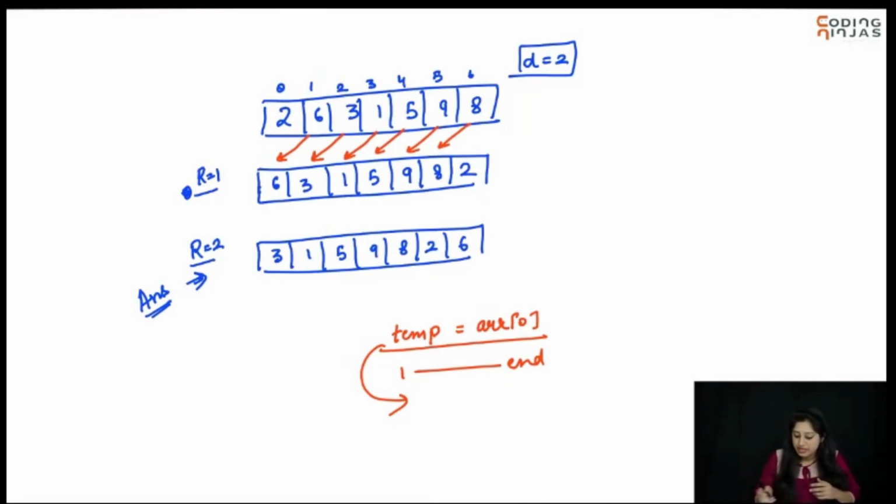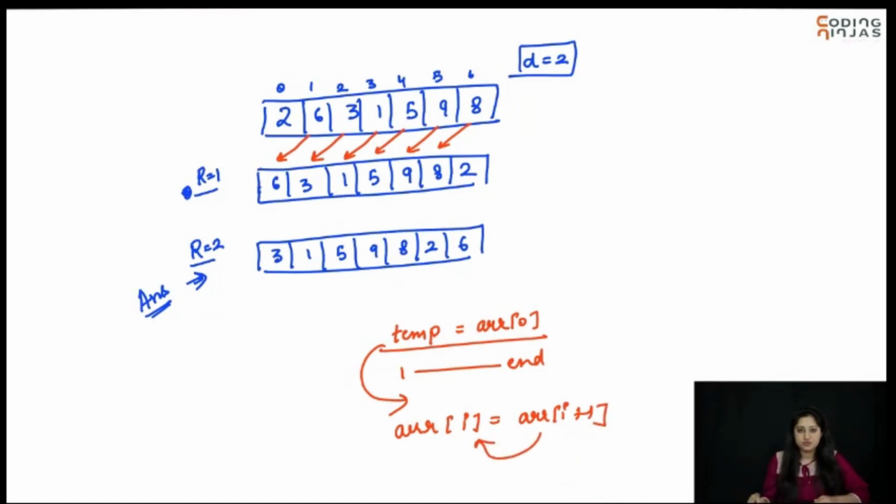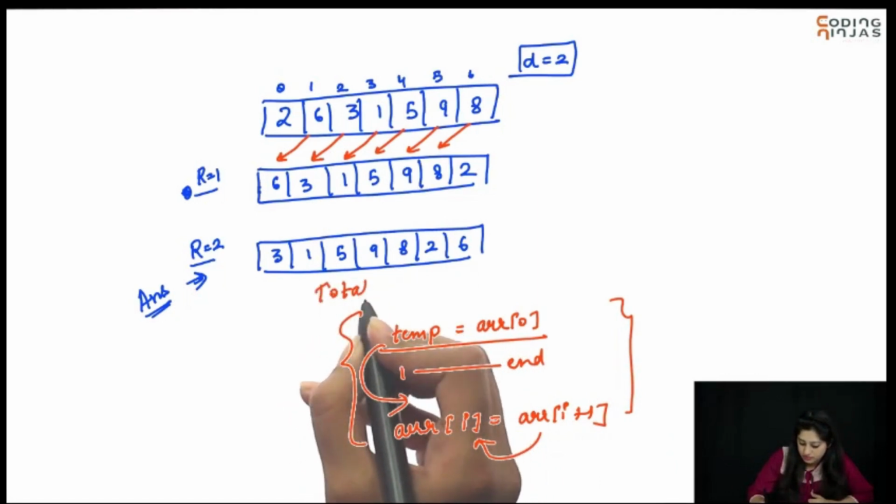Index 2 element should go to index 1. So for every I, element at index I plus 1 should go to index I, and so on. So we should do it. So this whole shifting step we need to do total d times.